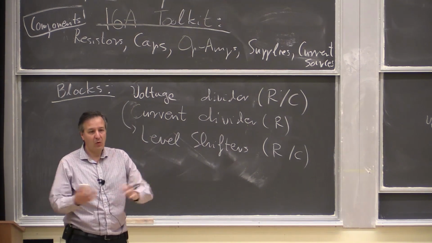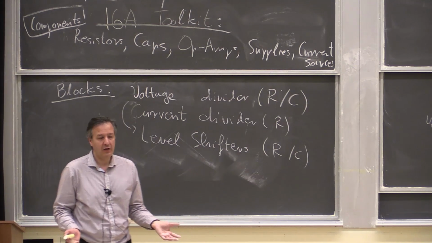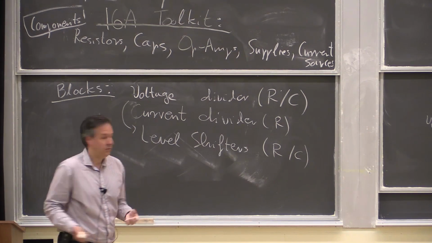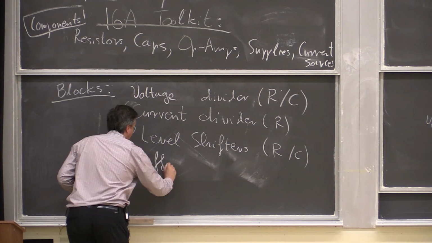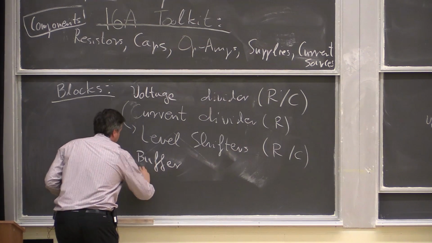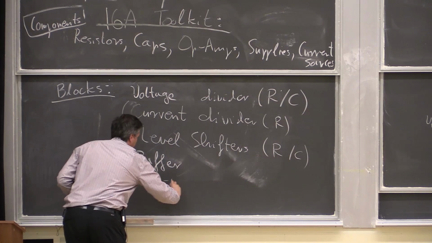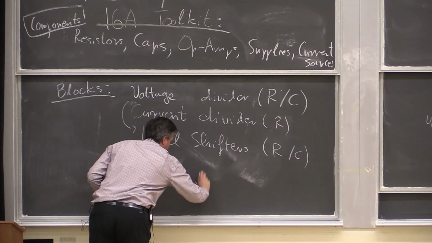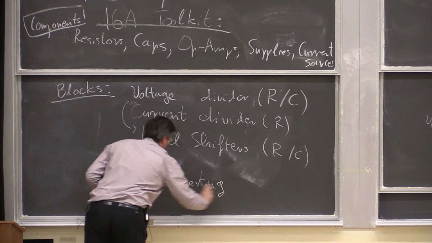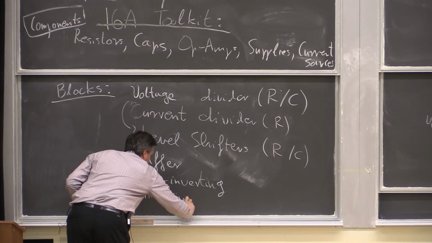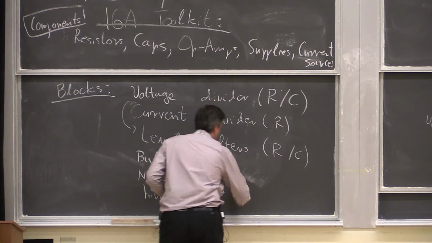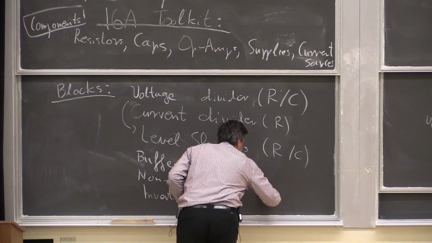And then we have this whole bunch of blocks that we've done based on op amps. Right. So you have a buffer. Then we have non-inverting op amp. Inverting. Then we have trans-resistance.